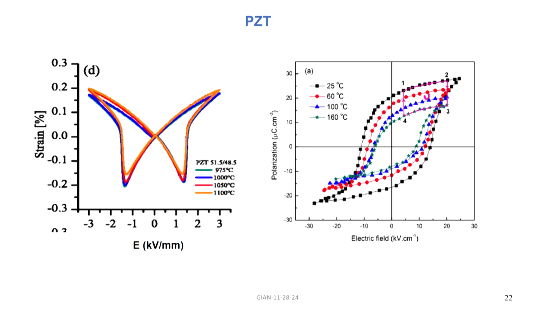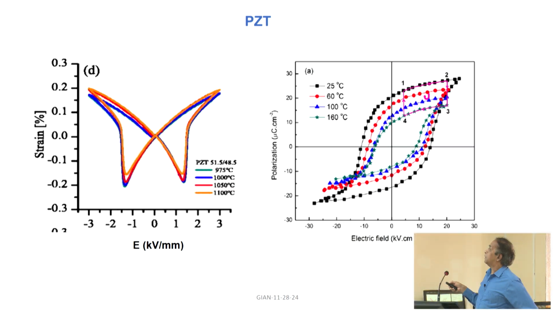And these are typical polarization versus electric field curves for PZT at a series of increasing temperatures, and this one is the saturation polarization, and what you see here is the remnant polarization, and that keeps decreasing as you increase the temperature, and it will just vanish when you hit the ferroelectric Curie temperature.